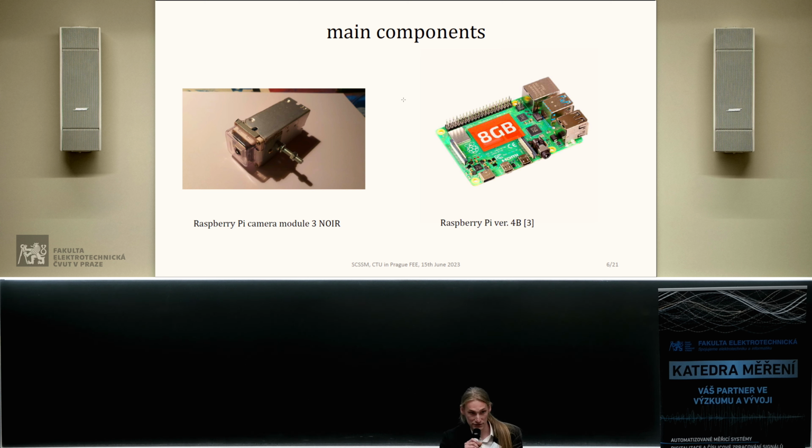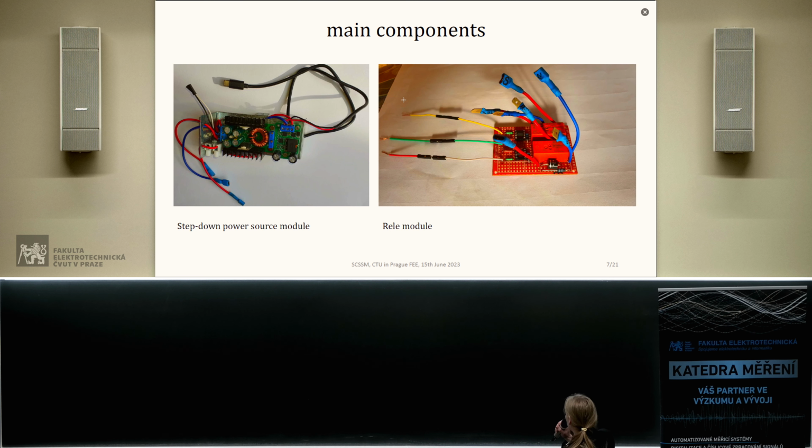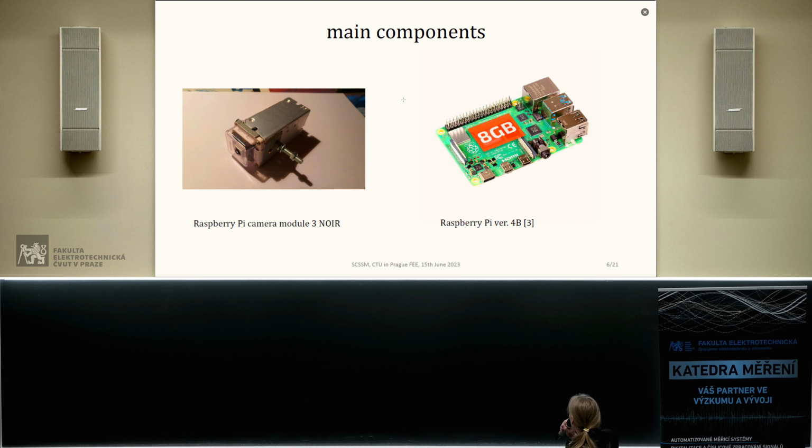The Raspberry is the heart, or brain, of the device, and I use CSI connectors to connect the camera and display, GPIO connectors for connecting peripherals and buttons, and USB connectors for connecting a microphone and service components like mouse and keyboard.